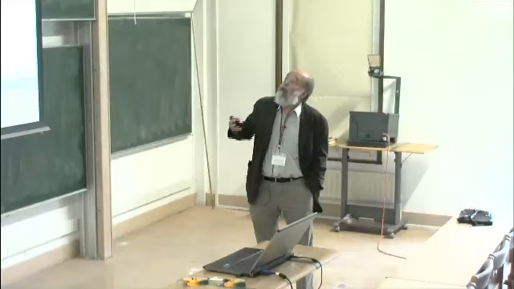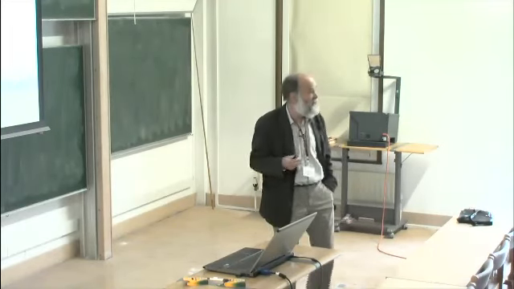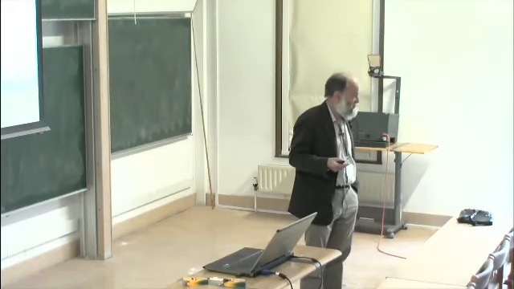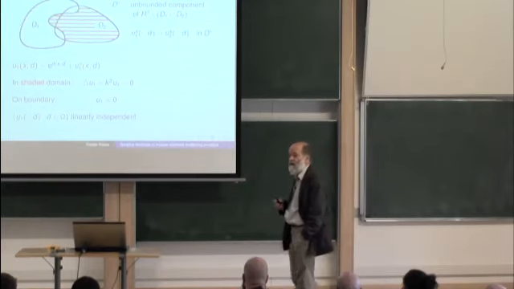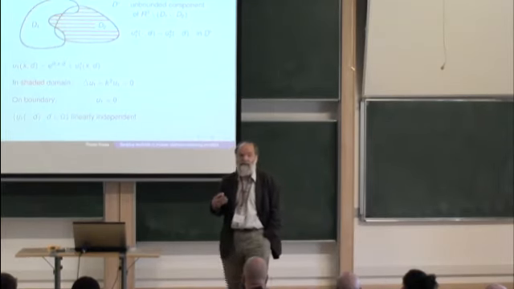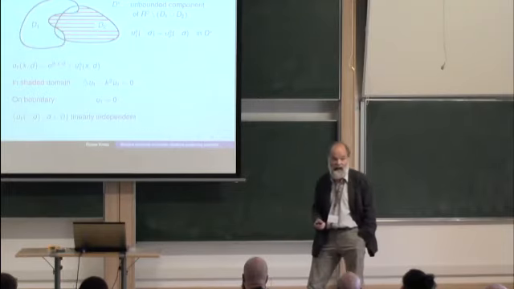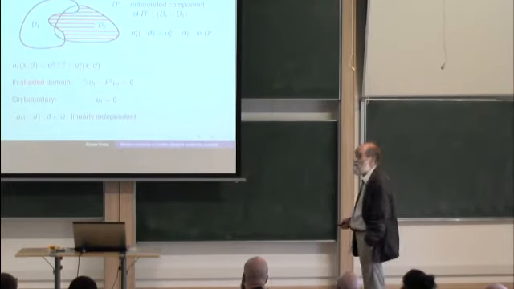So D1 and D2 are C2 smooth, but this shaded domain given by the intersection can have a very rough boundary, and therefore actually this idea of Schiffer applies only for the Dirichlet boundary condition. It cannot be extended to other boundary conditions.